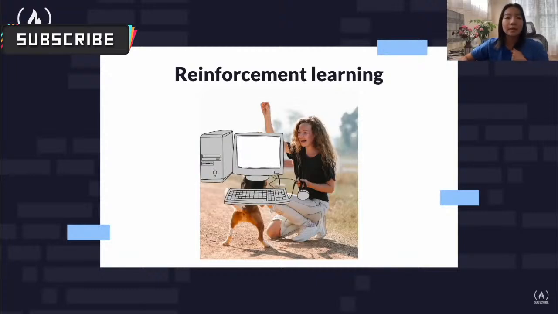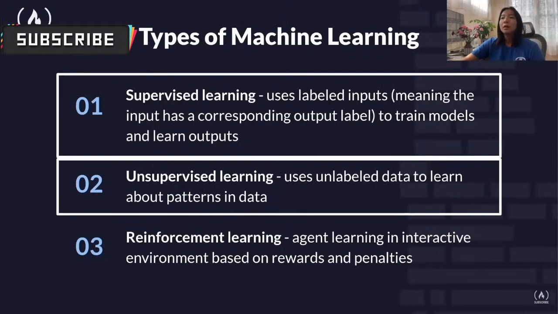Well, let's pretend that dog is a computer. Essentially, what we're doing is we're giving rewards to our computer and telling our computer, hey, this is probably something good that you want to keep doing. Well, computer agent, terminology. But in this class today, we'll be focusing on supervised learning and unsupervised learning and learning different models for each of those.